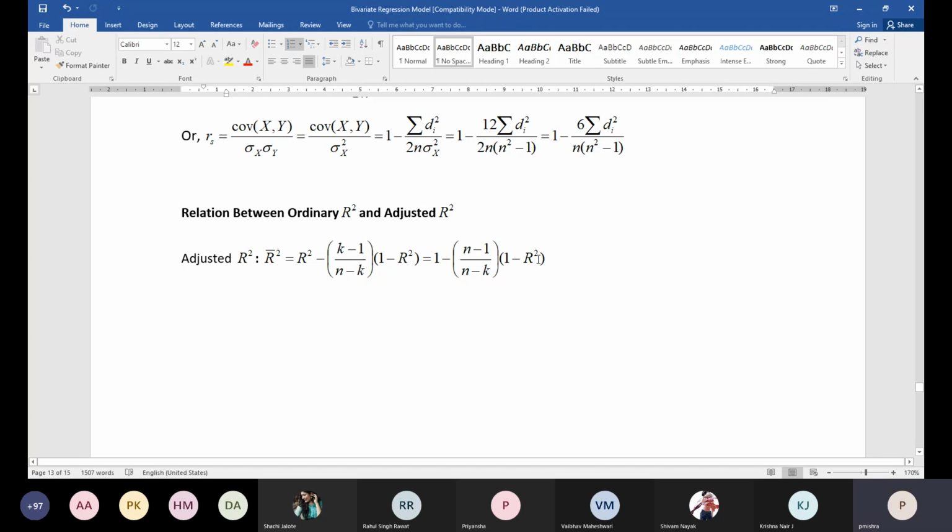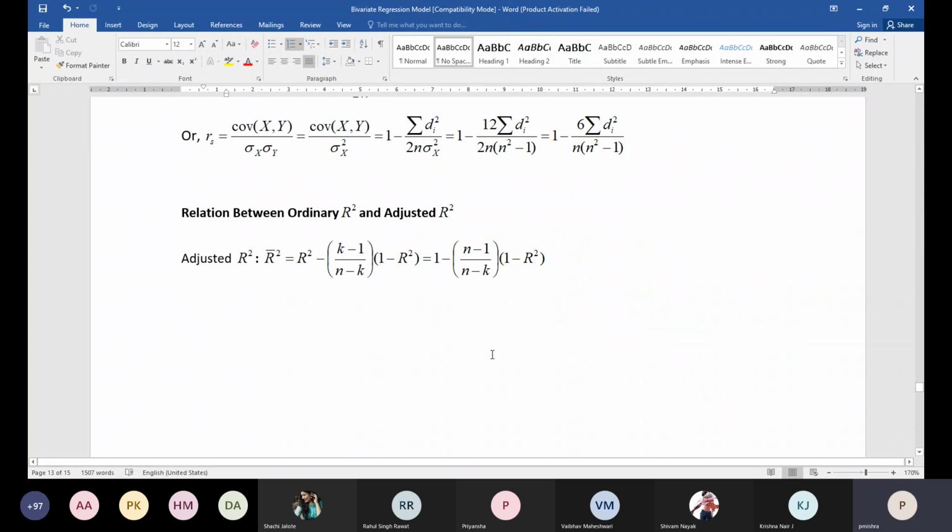Now R square value is going up, that means this part is going down. This part is going up. Eventually, how the R square value will change, to what extent, depends on these two forces.